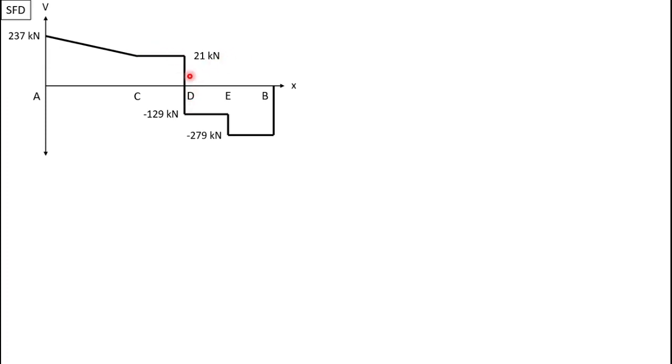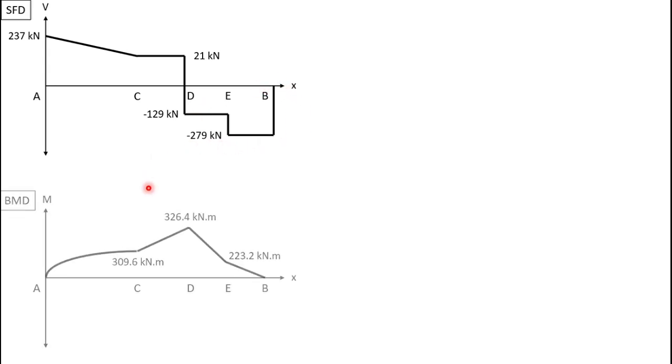And at D, it has a downward force, so it decreases to minus 129 kilonewton, and at E also, it decreases to minus 279 kilonewton. And at B, we have RB, which is equal to this value, but going up, so at B it will be 0.